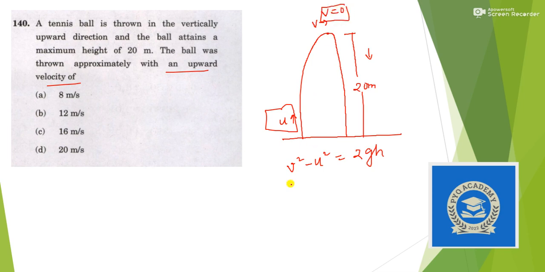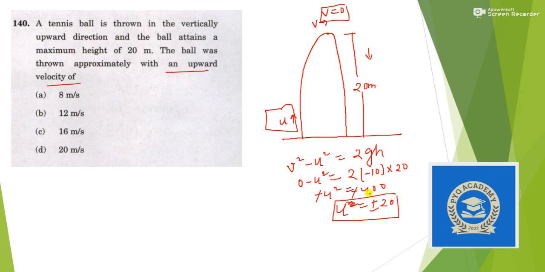So 0 - u² = 2 × (-10) × 20, because you are throwing a ball against gravity, so we take minus 10, and the maximum height is 20 meters. So -u² = -400. Let's cut the minus. So u² = 400, so u = ±20. The answer is 20 meters per second.